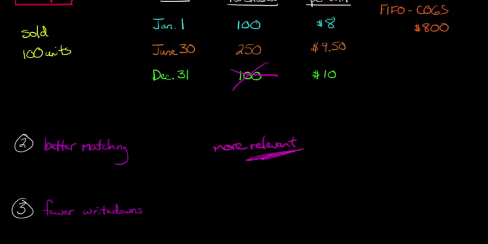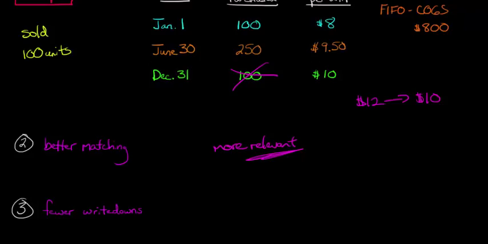Now, why does that mean we'd have fewer write-downs? Well, think about it. A write-down occurs when the price of our good or our inventory declines, right? So say we thought this was worth, let's say, $12, the market value we were planning on selling this for, but then the market value drops to, let's say $10.